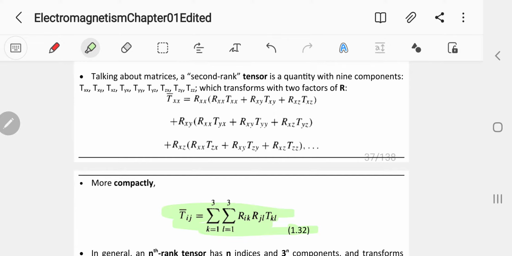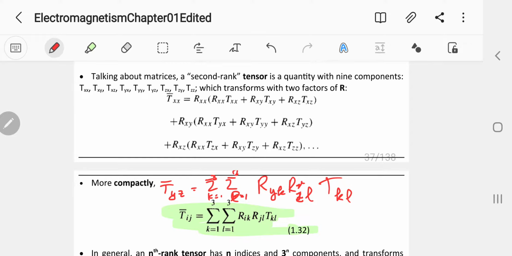So when you want to solve for yz, for example, t bar yz would be the summation over k equal to 1 to 3, and the summation over l equal to 1 to 3, of R_yk R_zl T_kl. Since k equals 1 means x, so R_yx. So how many terms do you have here?